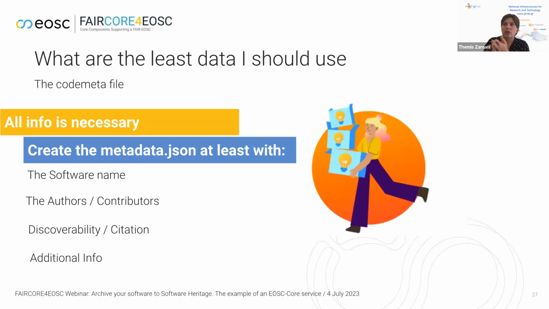If I was asked what is the least data that we should add in our codemeta file, the first answer would be that all information is necessary, and each different type of information helps something different. But if you want to have the first version of your metadata JSON file, the least information that I would put would be the first part, where you describe the software with a name and description, and when it was created.